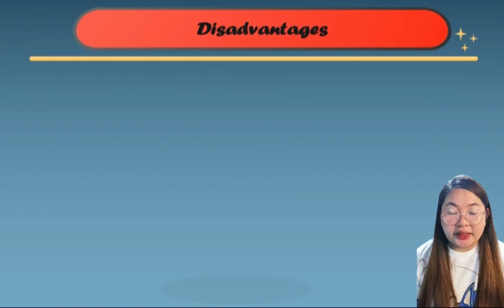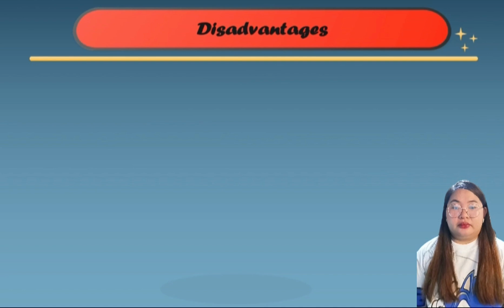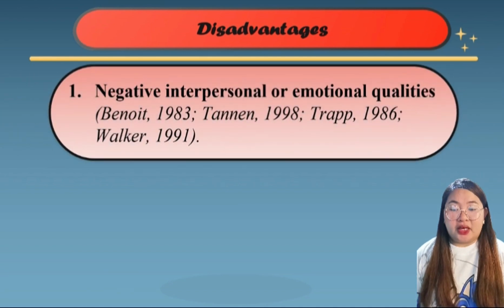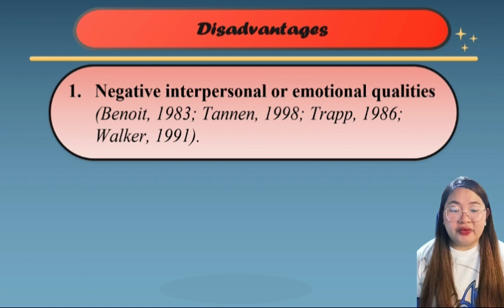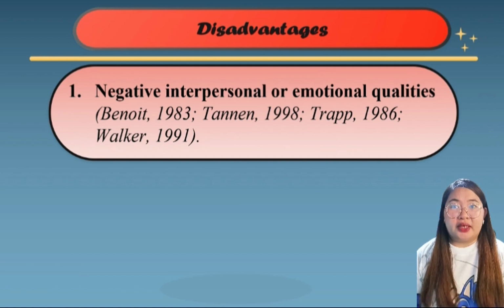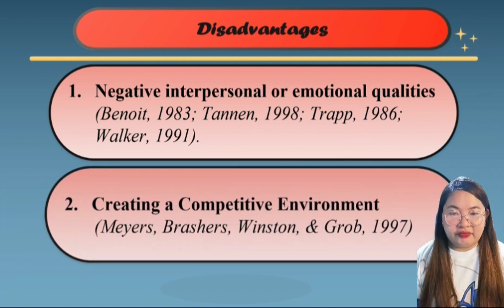However, debate also has its downsides. Why? According to Binoy in 1983, Tannen in 1988, Rock in 1986, and Walker in 1991, a debate can create negative interpersonal or emotional qualities. Since arguing requires open disagreement, students may associate it with negative interpersonal or emotional qualities like hostility and fighting.